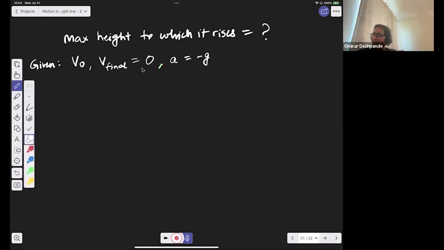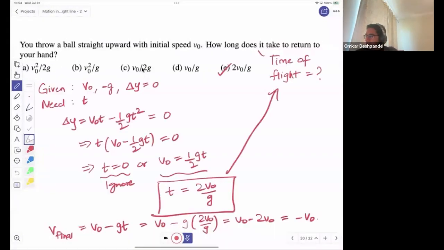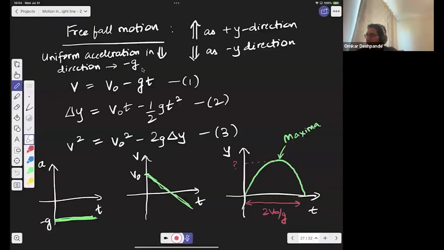And we want to find out what the displacement is. Which equation connects these four quantities? There's no time in this. Because there's no time in this, we can pick the third equation here to connect those four quantities.